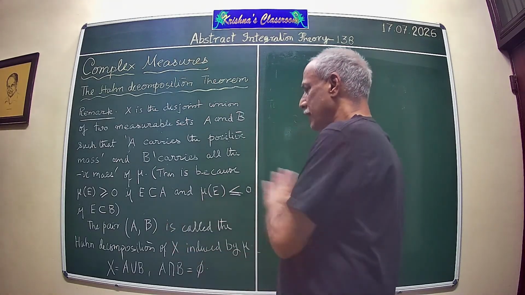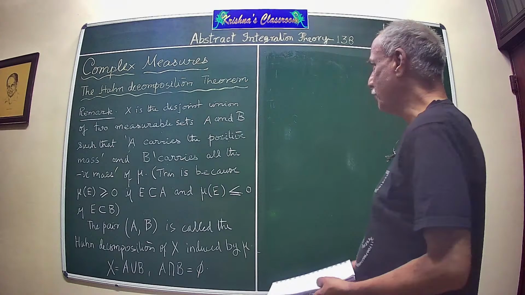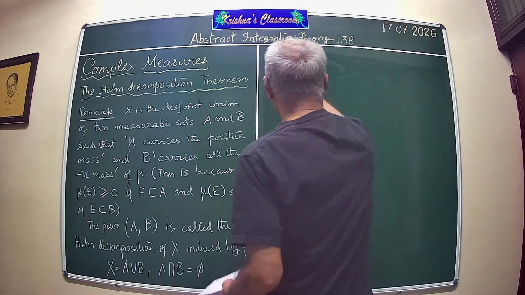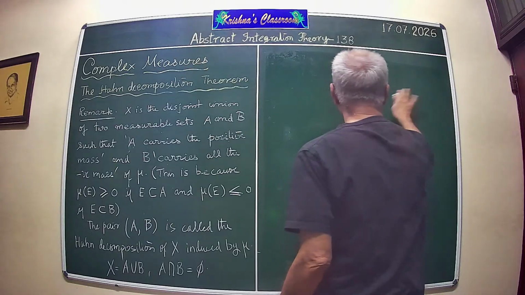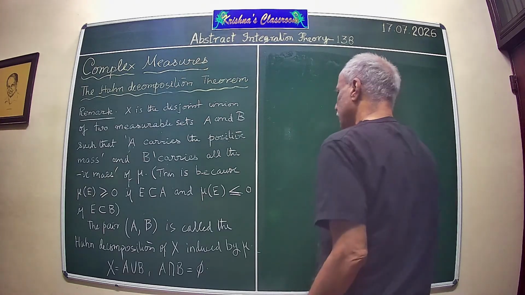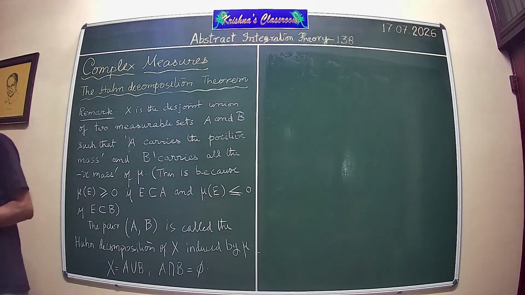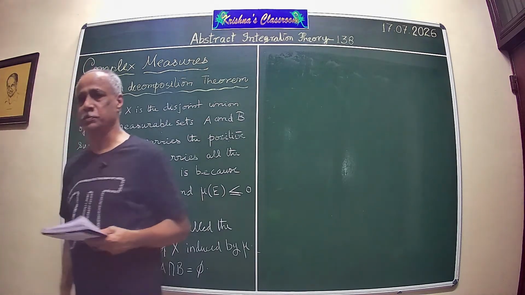So that's the Hahn decomposition that you have for that set, and it is induced by a function. If you use a different function, then it is going to be a different decomposition.